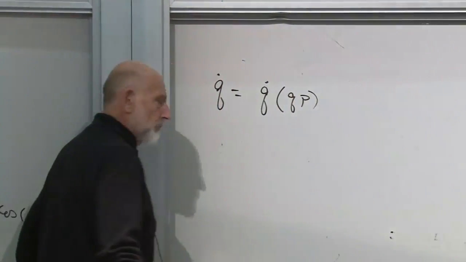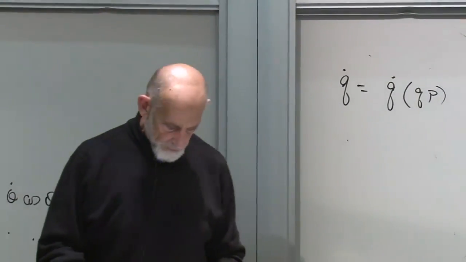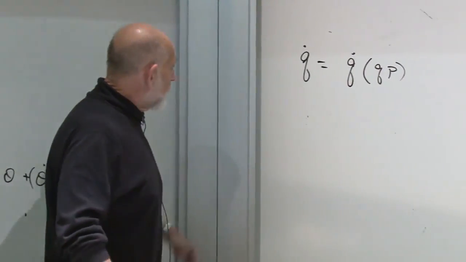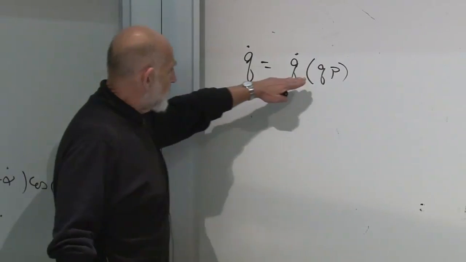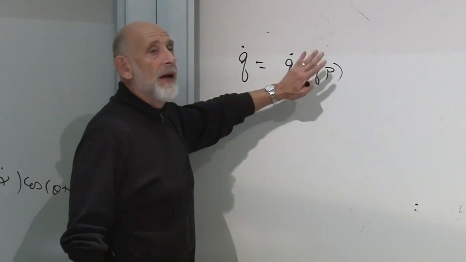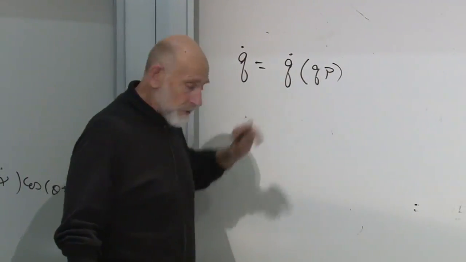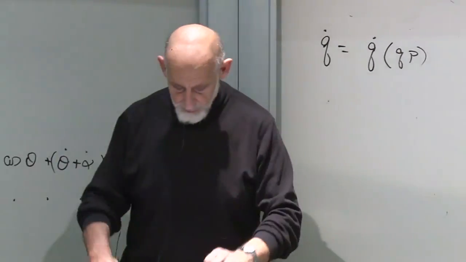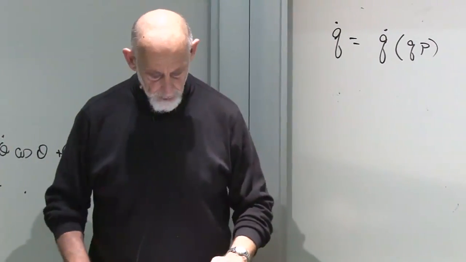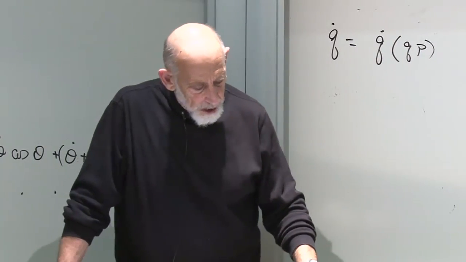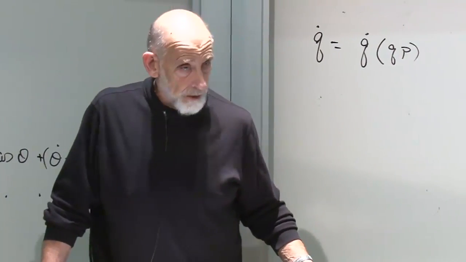I'm going to give you some examples to show you how this works. So the q dots can always be thought of as functions of q's and p's, and you forget them and you think about the q's and the p's. This may be a little bit obscure right now, but I'll show you how it works. The focus is on the q's and the p's.